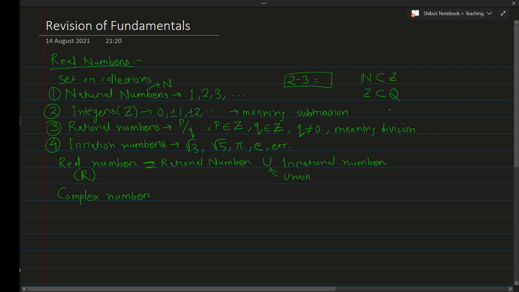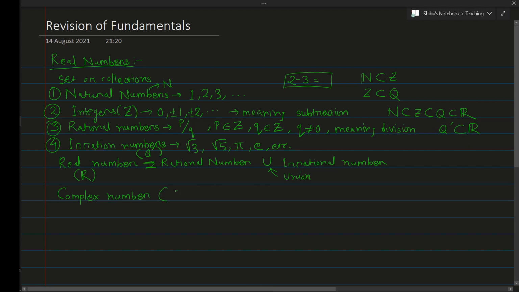Similarly, all these sets are subsets of real numbers. And let's denote the irrational numbers as Q dash, let's suppose. Then Q dash is also a subset of real numbers, not equal, this will not be equal, so this is a subset of real numbers.